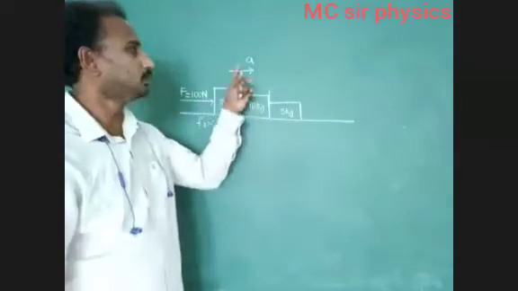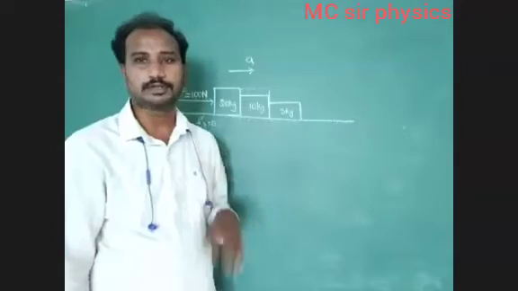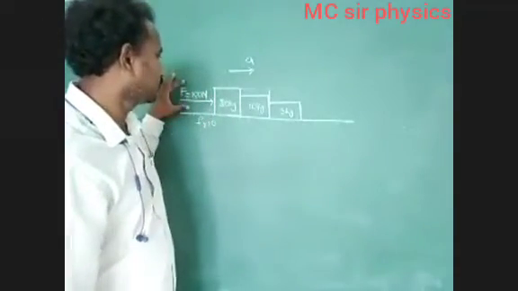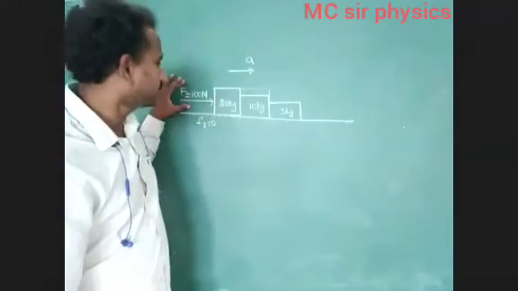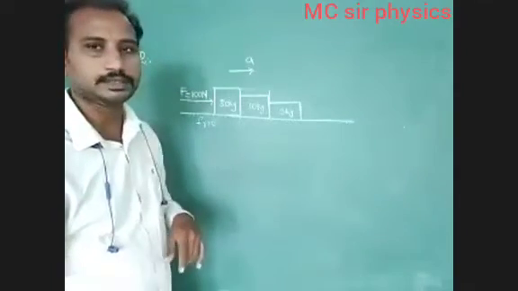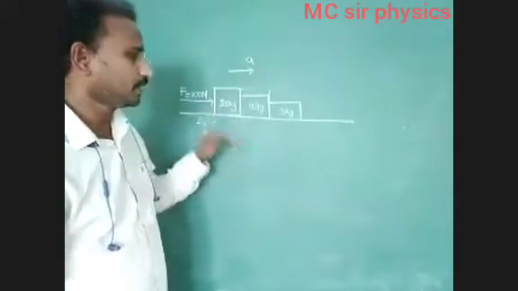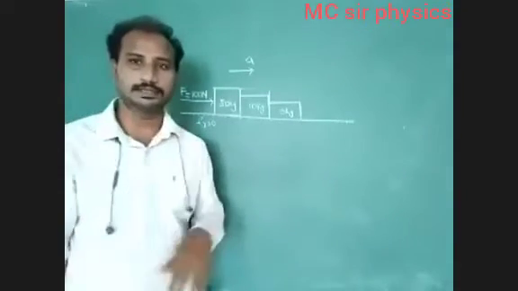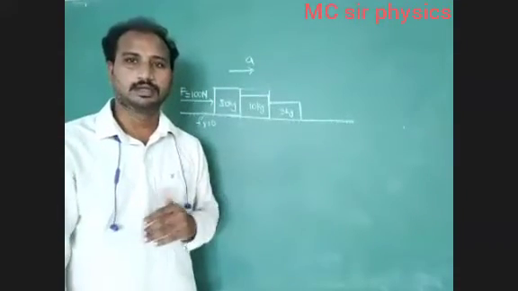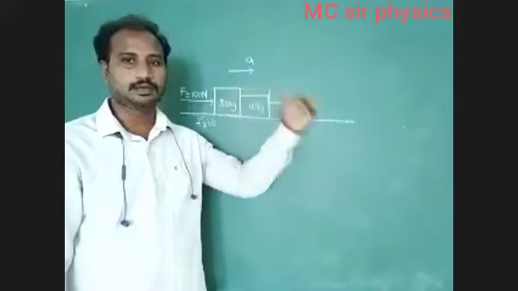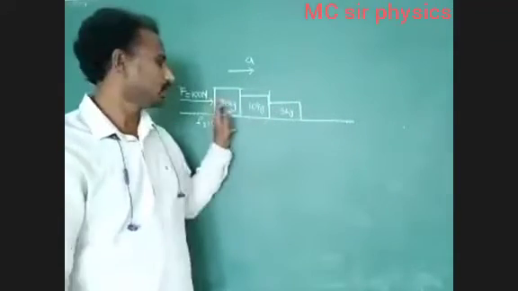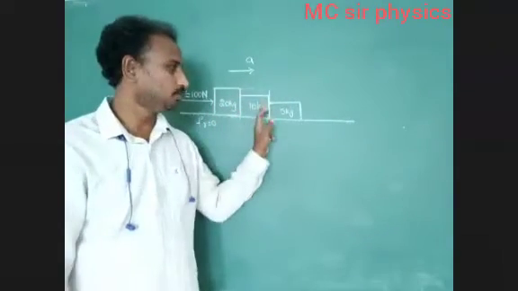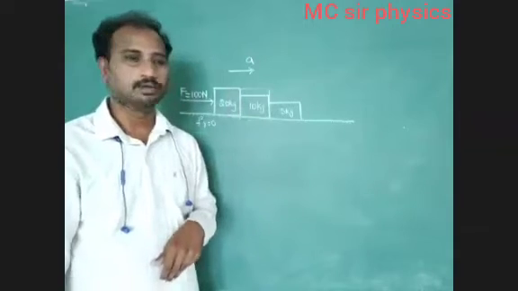We consider the total acceleration of the system constant. The external force F equals 100 newtons. The surface is frictionless. Now we can find the contact force between M1 and M2.